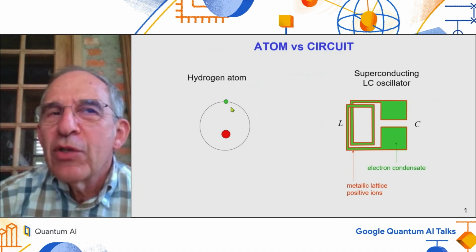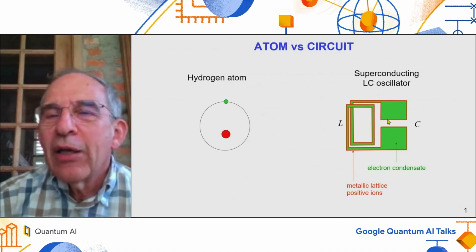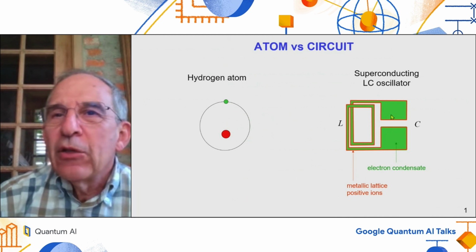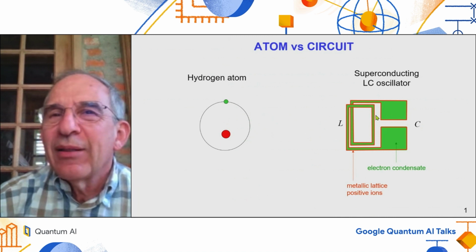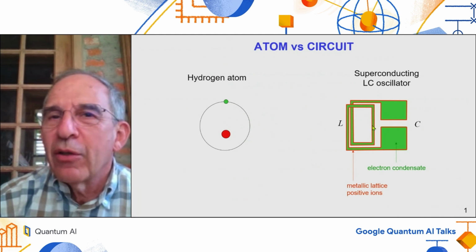So as you can see, the unique electron that orbits the nucleus is now replaced by the whole electron condensate of the superconducting metal, which is used in the circuit. So C here refers to the capacitance of the two plates that you see with my mouse here. And on the left, you have a wire that connects the plates and which acts as an inductance.